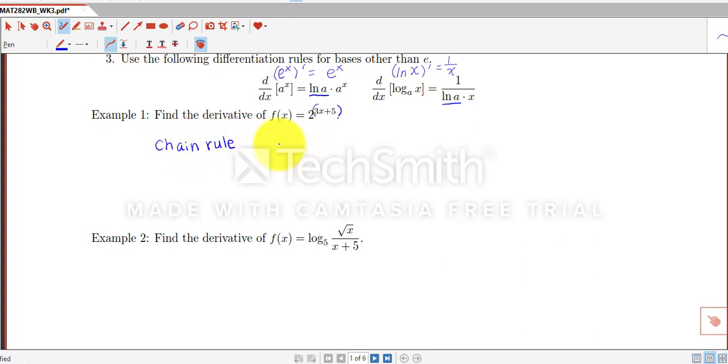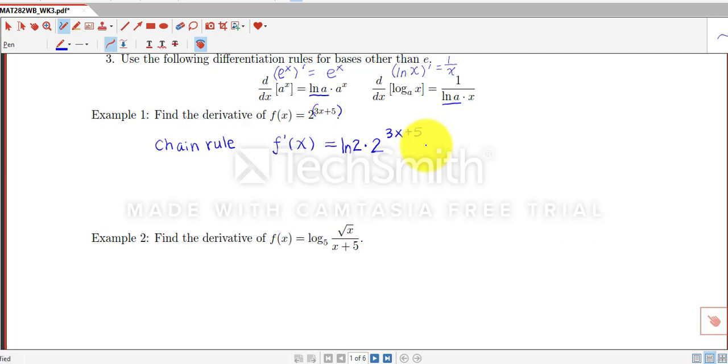The chain rule tells us the derivative of a composite function equals the derivative of the outer function, which is 2 to the 3x plus 5 power. Because it's an exponential function with base other than e, the derivative is itself times the constant ln of 2.